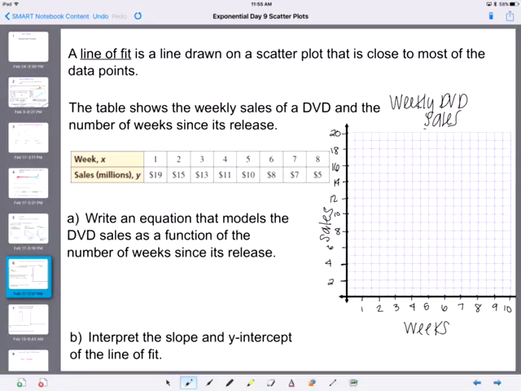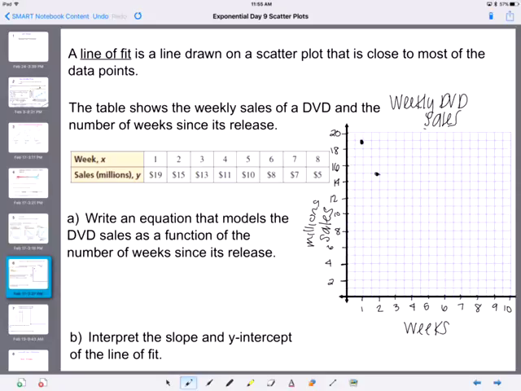And then we're going to plot this data. So in week 1, I had about $19 million in sales. On week 2, I had about 15 million. Remember, our sales are in millions. So if you want to label that, that'd be good.